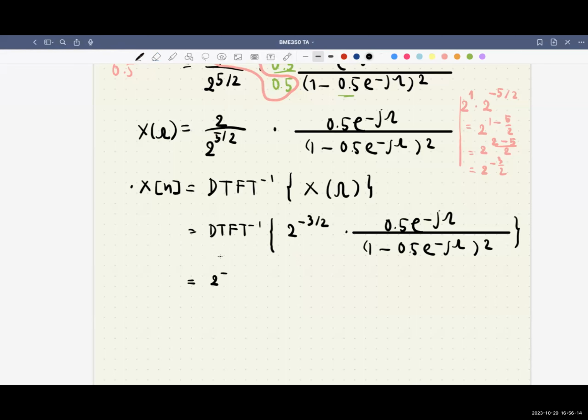I'll just take 2 to the power of negative 3 over 2 outside, and I just apply the inverse Fourier transform to this part. Copy and paste.